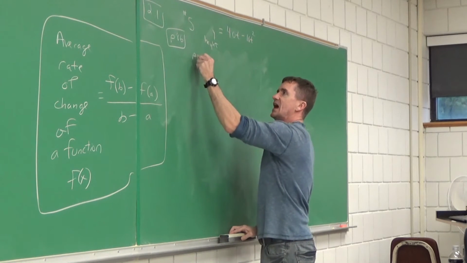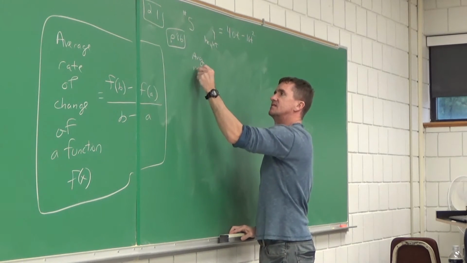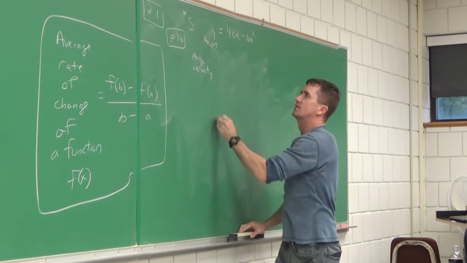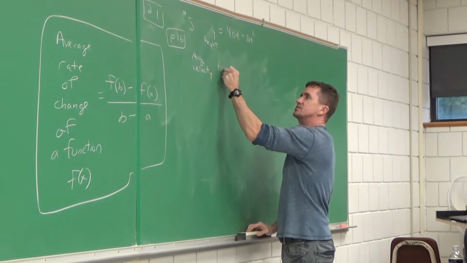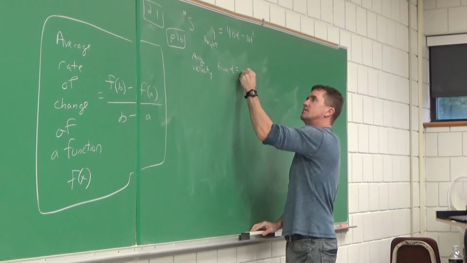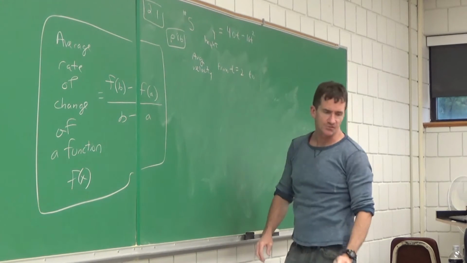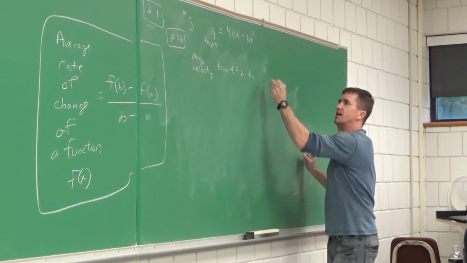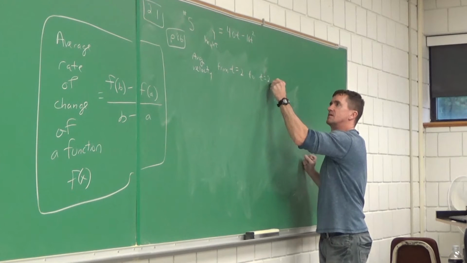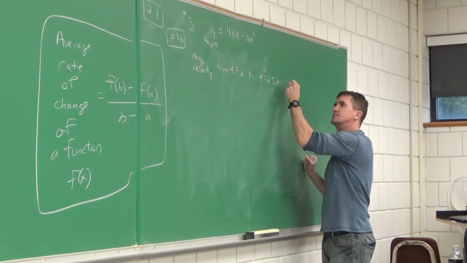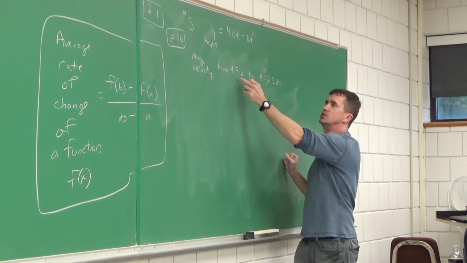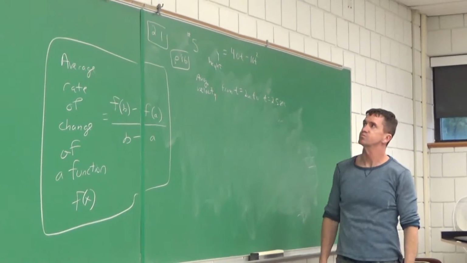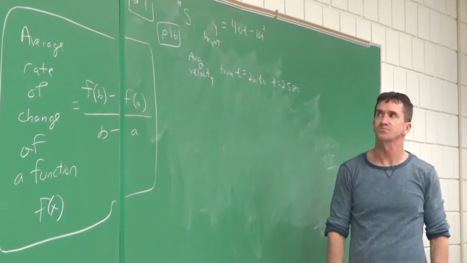Can you find the average velocity from t equals 2 to, how much further do we got to go? 0.5 seconds, so 2.5 seconds. Then you got to go from 2 seconds to 2.5 seconds. And just find the average velocity.